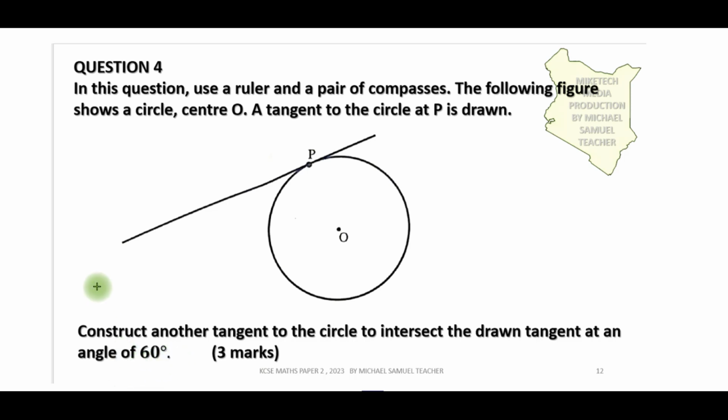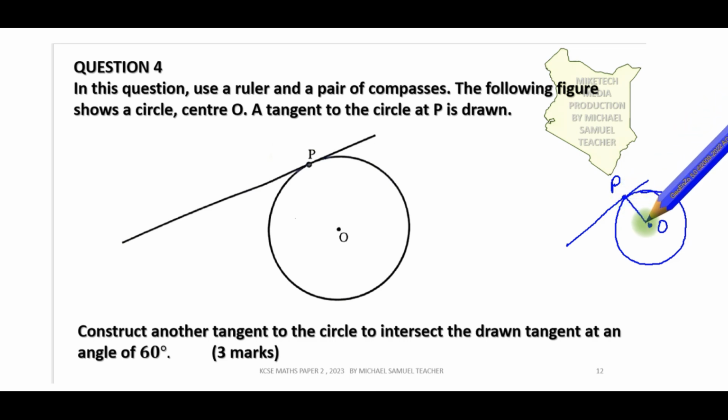Just to give an overview, if this is a circle, and we have the tangent passing through that particular point at P, and this is the center. From the properties of a tangent, remember a tangent is perpendicular to the radius, so this is 90 degrees.